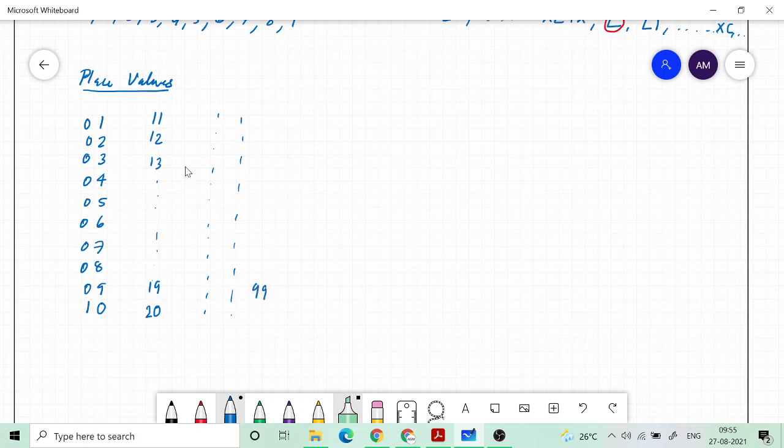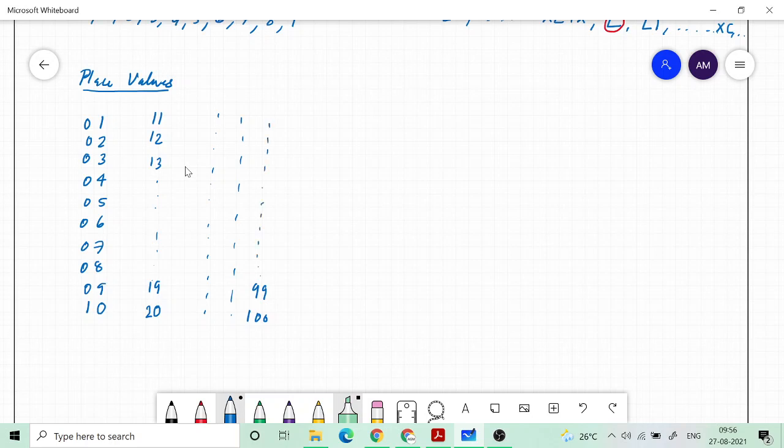The possibilities for the first position and the second position are completely exhausted. Now we need to go for a new position. So to go to larger and larger numbers, we keep on introducing new positions. So that's what we do, and then repeat the whole thing. Okay, so this is the concept which you are familiar with.